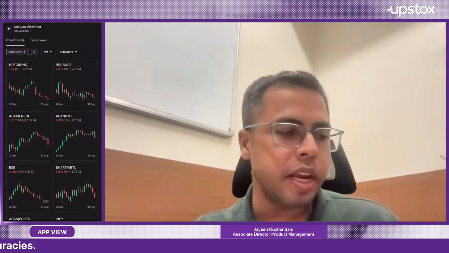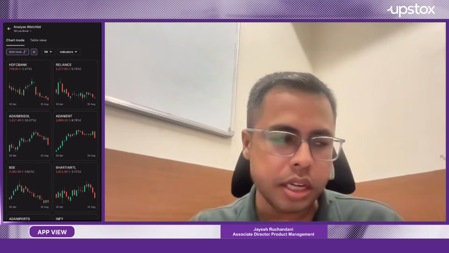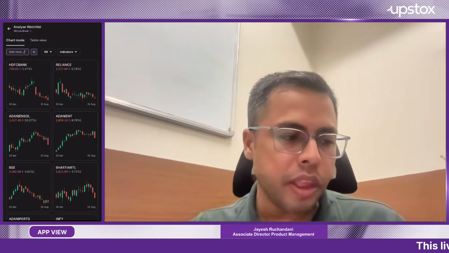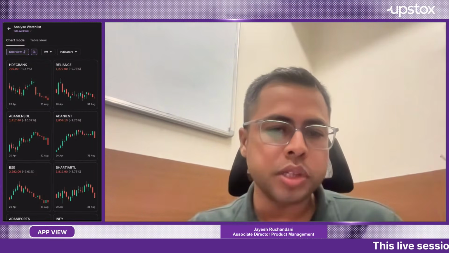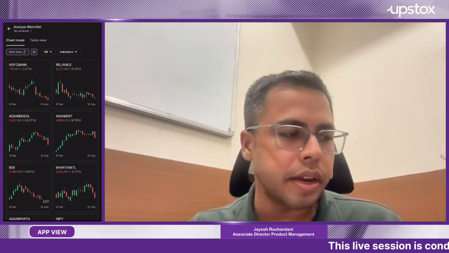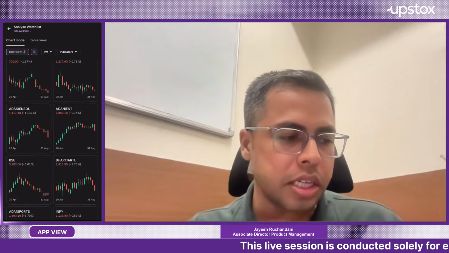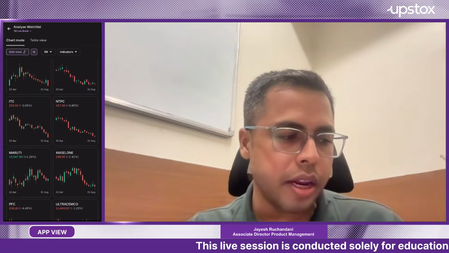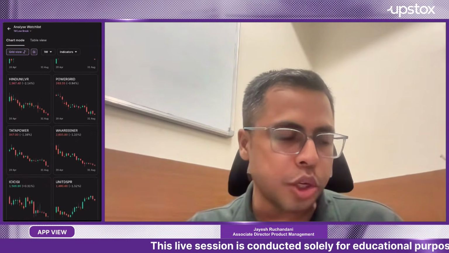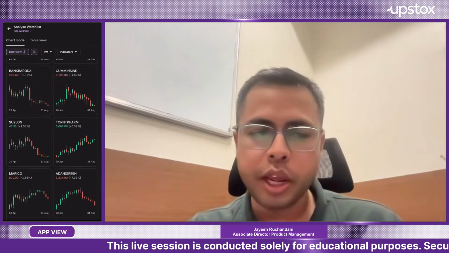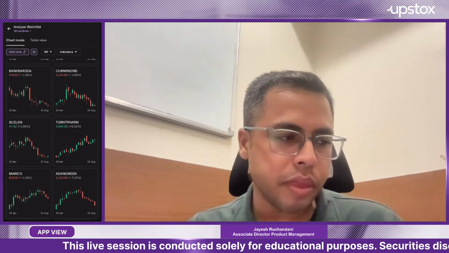If you prefer very quick scanning of the charts, you can go to the grid view, and it represents up to 4 to 6 charts on one single screen. So I can see 6 charts at one go, and I can just scroll and scan all the stocks. As you keep scrolling, you can keep monitoring your charts.